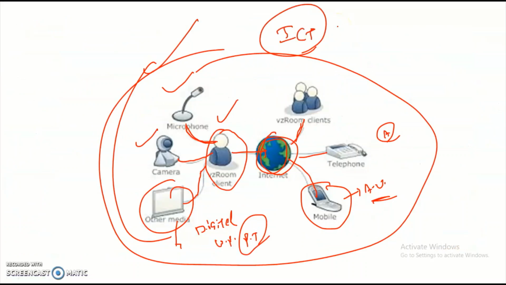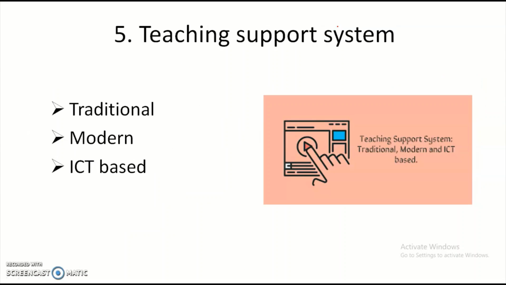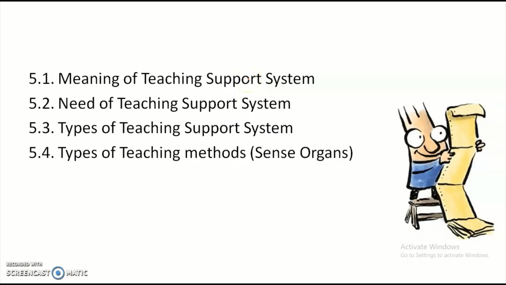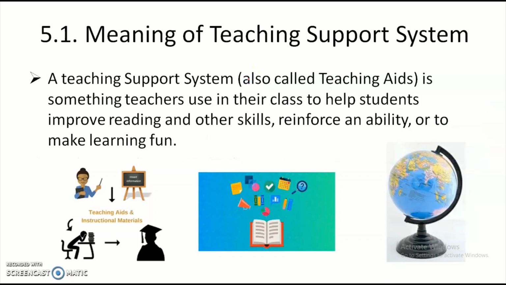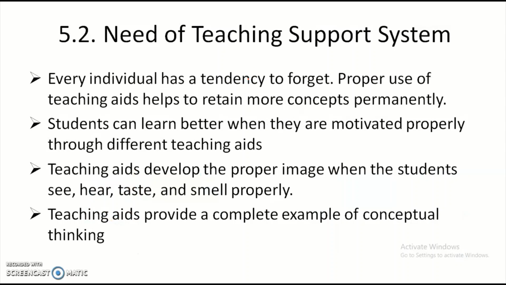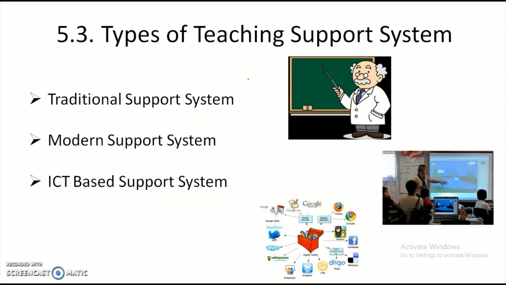So anyhow, these are the concepts regarding this fifth topic, that is the teaching support system. So I hope you understood well. Basically, what is the definition of the teaching support system, what is the need of it, and what are the different types: traditional, using blackboard and chalk; modern support system, that means we are using laptops and all these things; ICT based, so capturing, processing, storing and communicating.